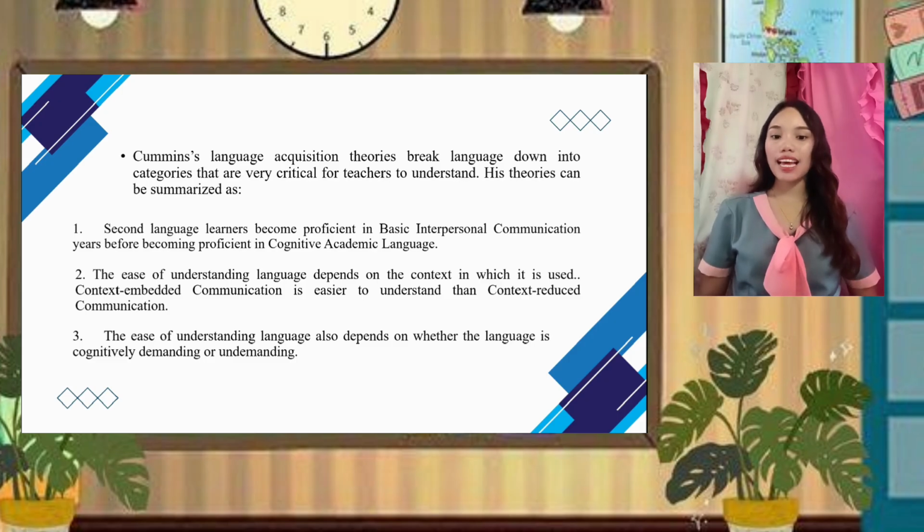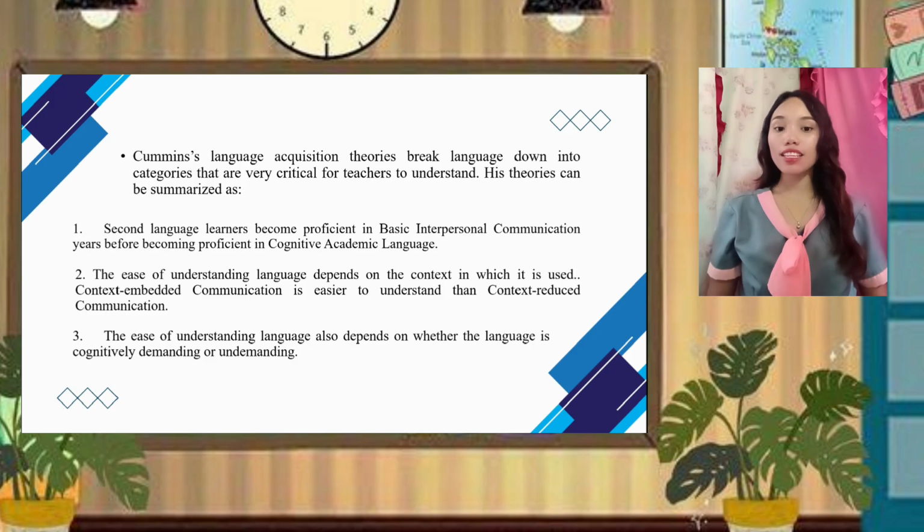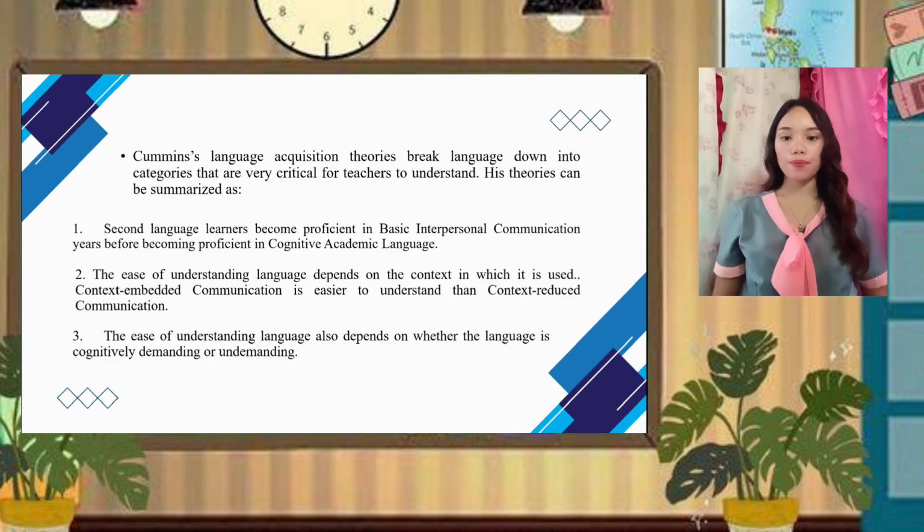His theories can be summarized as: first, second language learners become proficient in basic interpersonal communication years before becoming proficient in cognitive academic language, meaning students learn basic interpersonal communication skills faster than cognitive academic language proficiency.